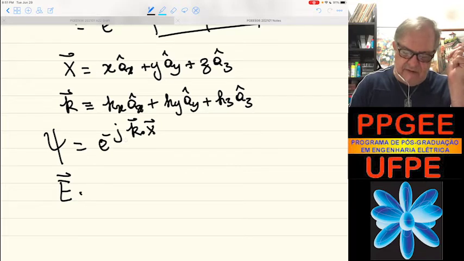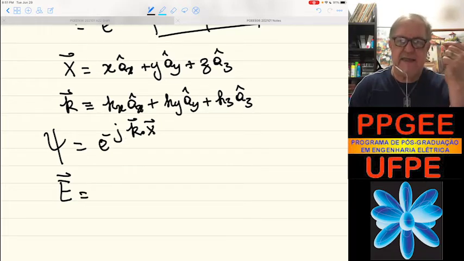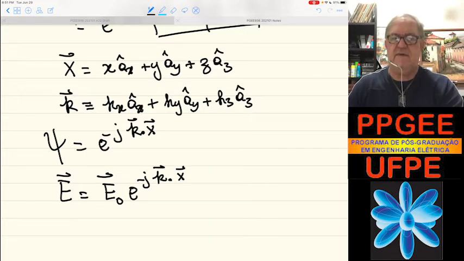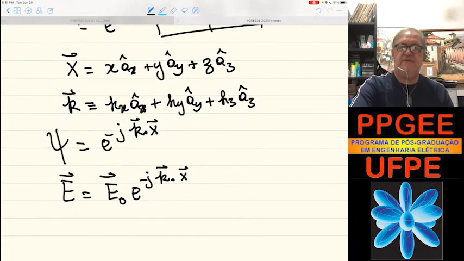So the field solution is something like this. A constant vector times exponential of minus jk dot x. Okay? That's the solution for the field, E field.